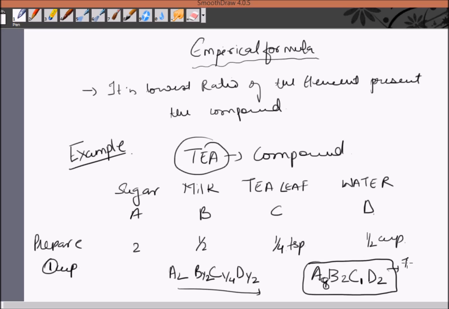It is the lowest ratio of the tea, that is for 1 person. If you have to prepare for 4, you can simply multiply by 4 and you can get the actual quantity of tea. Similarly, it is just like empirical formula.